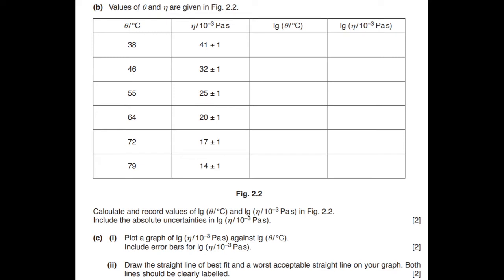So which means our value of viscosity is somewhere between 40 and 42. So we've got the 41 there, then plus 1, you go to 42, minus 1, you get to 40.